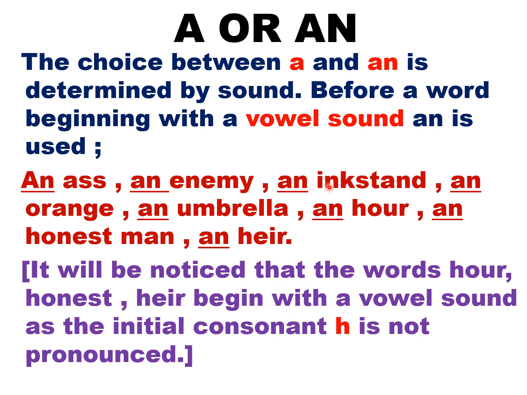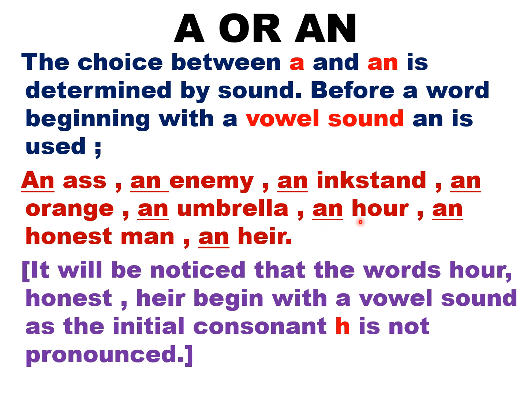The word begins with a vowel sound, so the indefinite article an is used here. Orange. The word begins with a vowel sound, so an orange. Umbrella. The word begins with a vowel sound, so an umbrella.